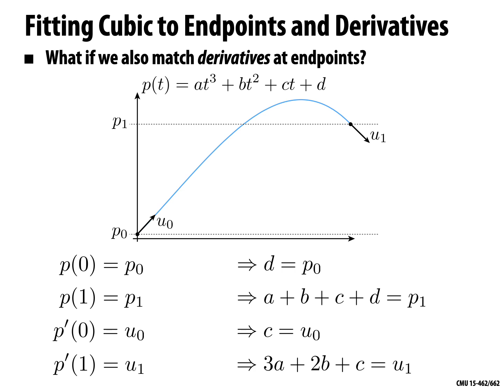It's not true that n equations and n unknowns is always solvable, but in this case, you can check that it is. And importantly, it's not going to depend on the data. The solvability of this linear system doesn't depend on the values p0, p1, u0, and u1, right? Only on the structure of the linear equations. So we can always interpolate endpoints and derivatives.